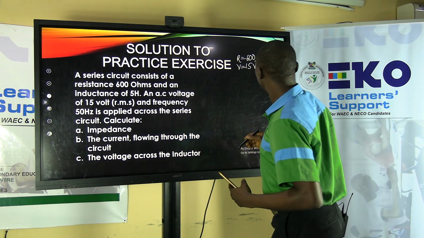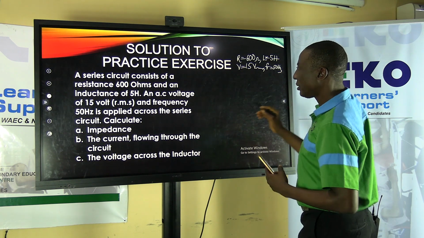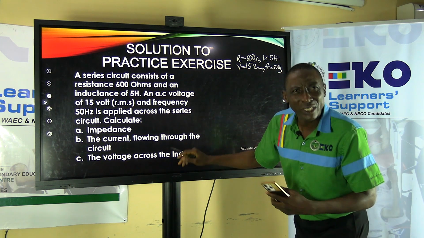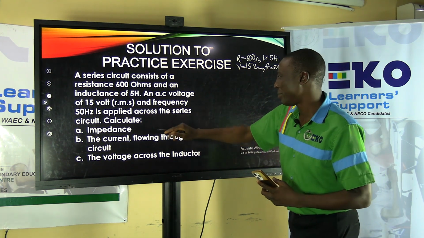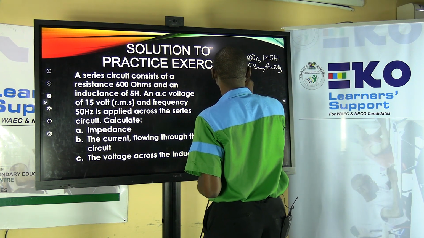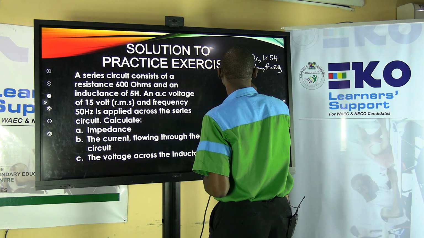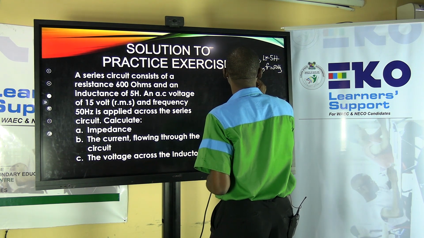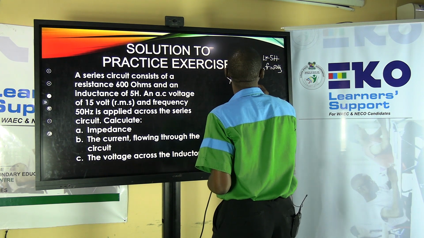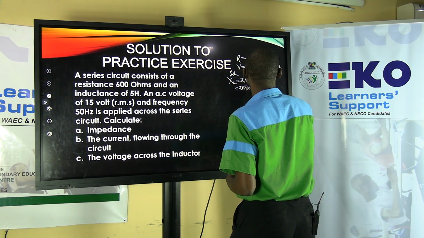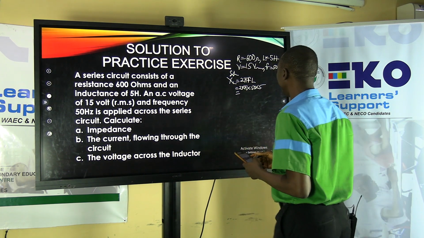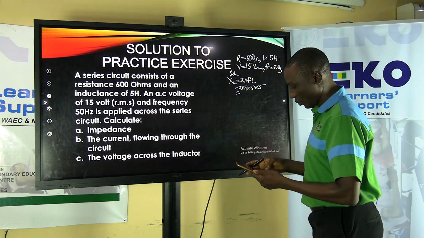What is the impedance? We go for the first thing. For us to calculate the impedance, we must calculate the inductive reactance, because we are not given the inductive reactance. So solution: X subscript L equals 2 pi F L, 2 times pi times 50 times 5.